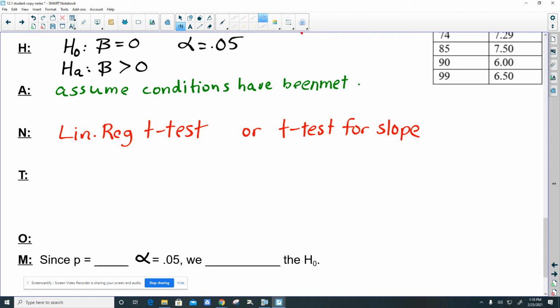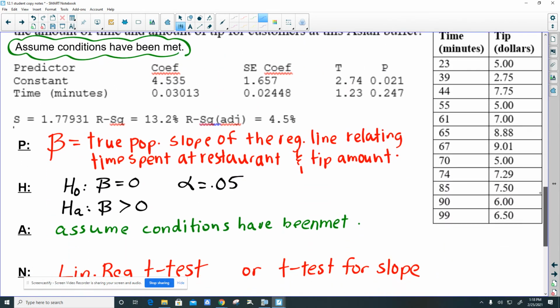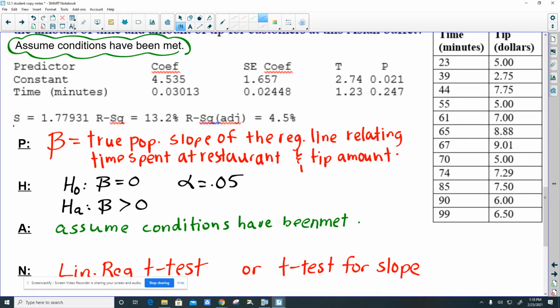So now we're going to calculate the value of that T-score here. We know that the formula that was at the very top of this notes page said to take the statistic minus the hypothesized value divided by the standard error of the slope. Now let's look back up here at our computer output. The statistic is the sample slope. That would be this number here.